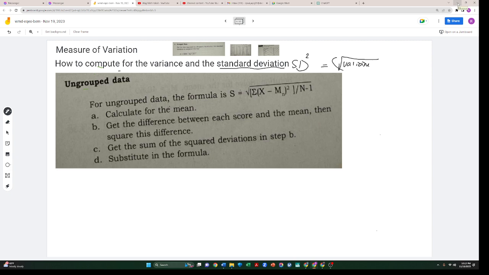Now, let's start with how to solve the standard deviation or the variance in ungrouped data. Okay?